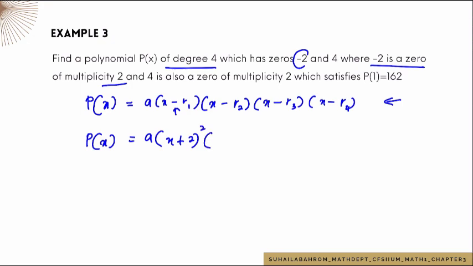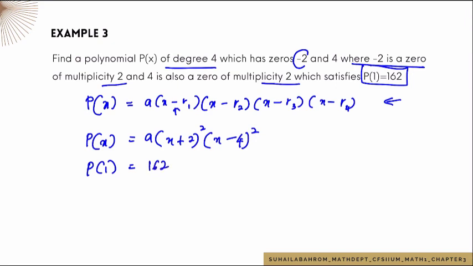Another zero is 4, so x minus 4, and the multiplicity is also 2. When we expand, altogether we will get x with the degree of 4. Now we have another piece of information given here: P(1) is equivalent to 162, by using the remainder theorem.